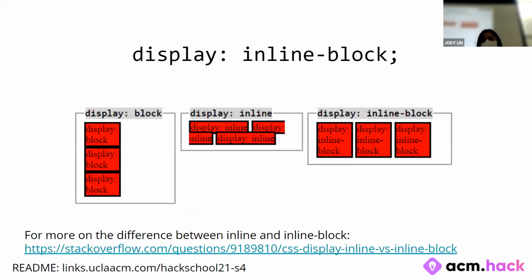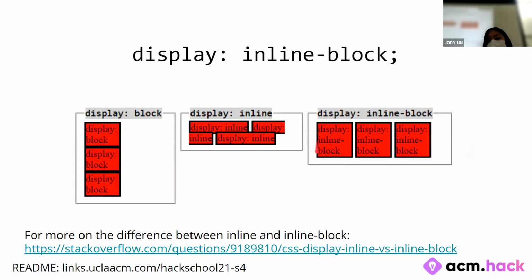So let's look into a few more display properties. We saw display block. Basically, you take the width and height of an element. That's how much room it takes up. And then you add a new line, and anything you put after in your code will be inserted on a new line. So that's display block. Another one you'll commonly see is inline block.